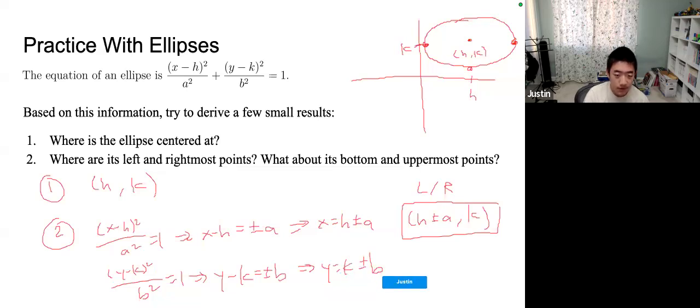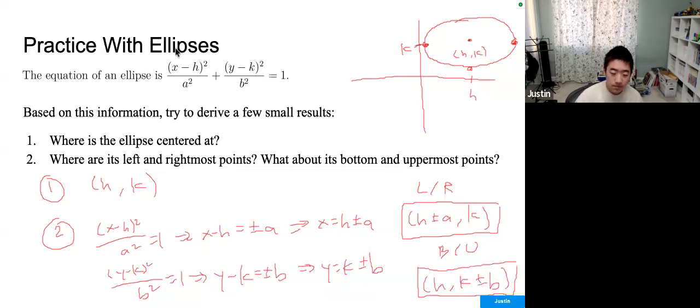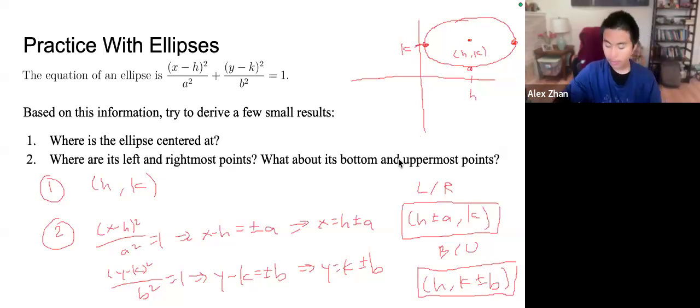So it's similar to the x case. This gives you h comma k plus minus b. So that's how you find the endpoints of the ellipses.